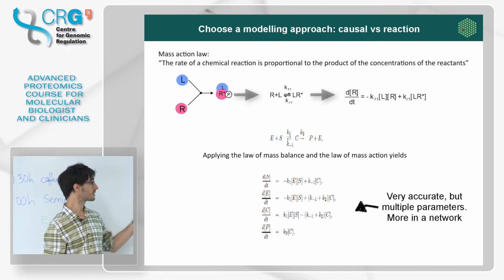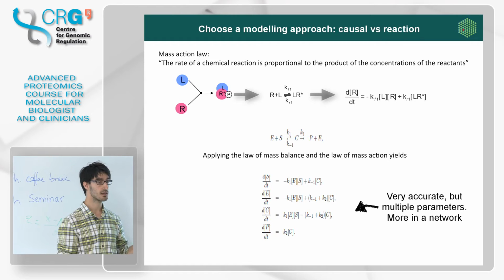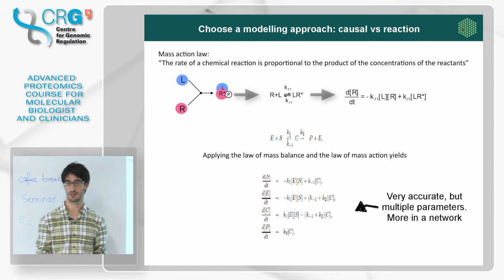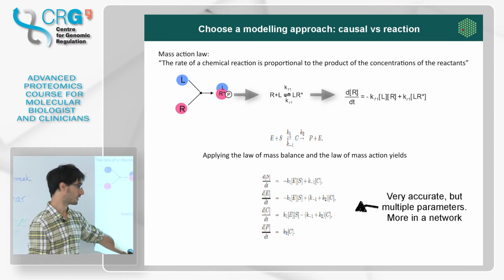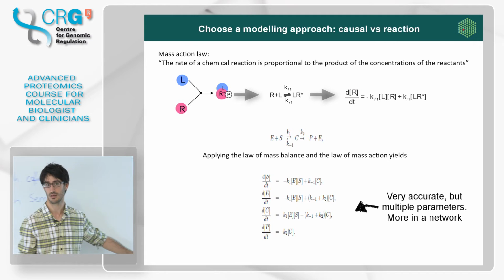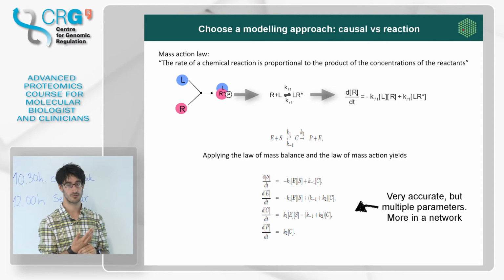So basically, by assuming the law of mass action and applying the law of mass balance, then you can do things like Michaelis-Menten kinetics. These equations can be represented as well, and therefore can be used in modeling. And therefore, this is what I meant before when I described physical-chemical modeling.